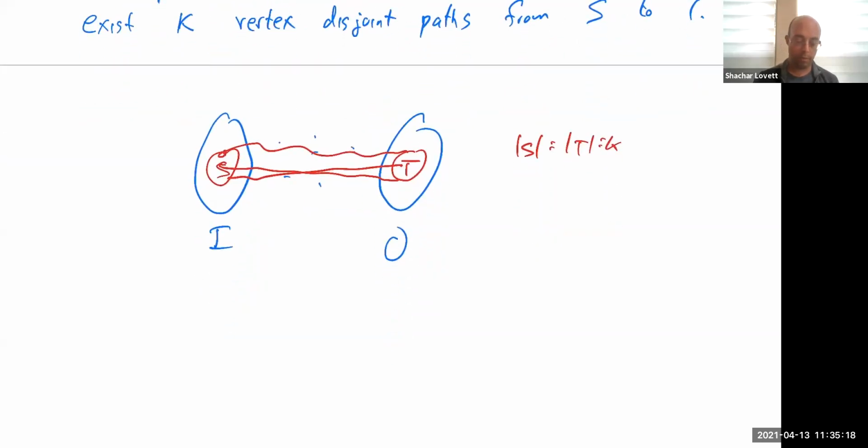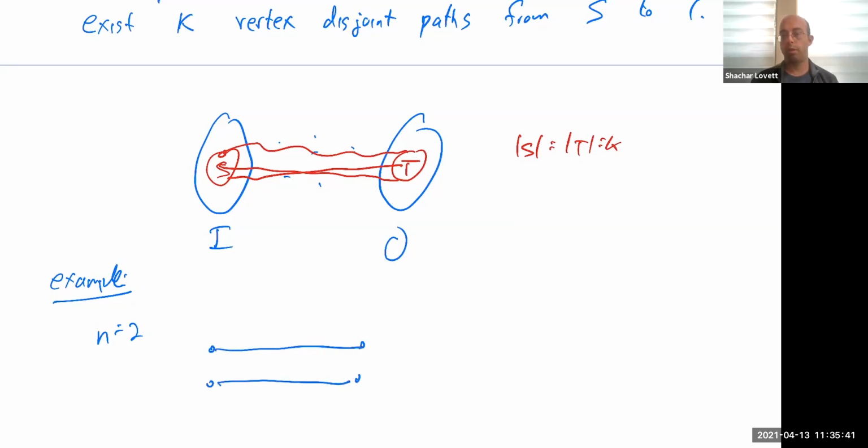So let's see some example. Let's try to build it. Let's say I want to choose n to be 3. Actually, no, let's do n equal to 2, an even simpler example. So here's I, and here's O, and I want to connect them. So maybe first I do that. Is this a super concentrator?